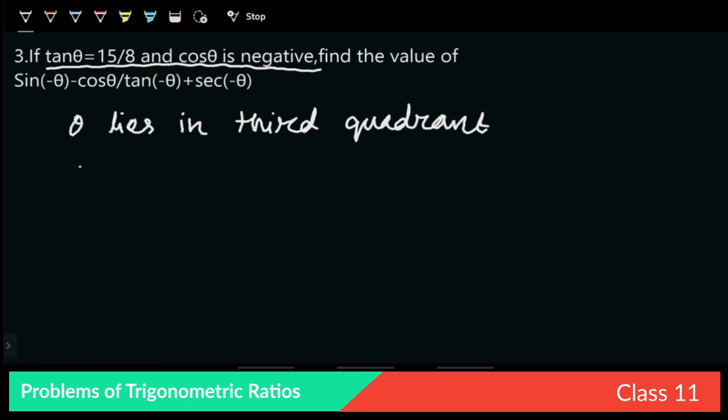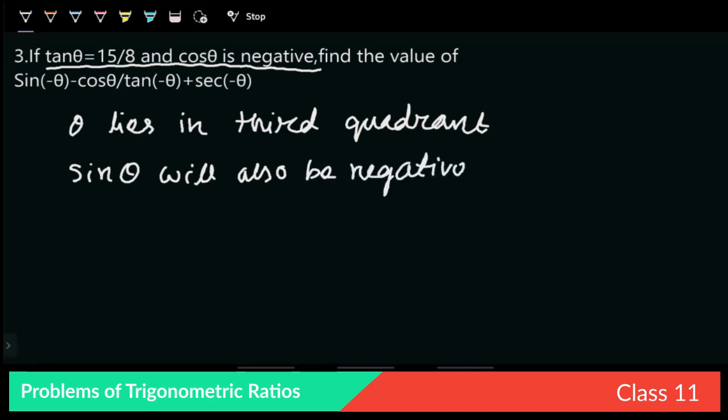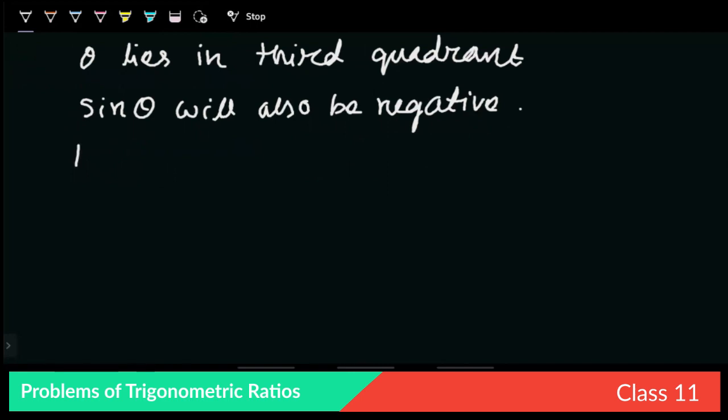So we can say from this line that sine theta will also be negative, since tan and cot are positive and the others are negative, that means it is falling under third quadrant, where sine is also negative. Now it is given here tan theta equals 15 by 8.